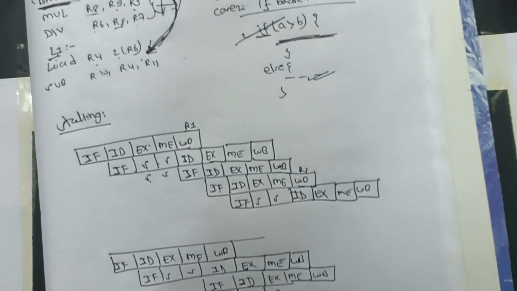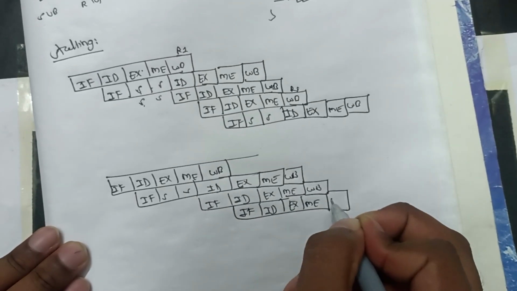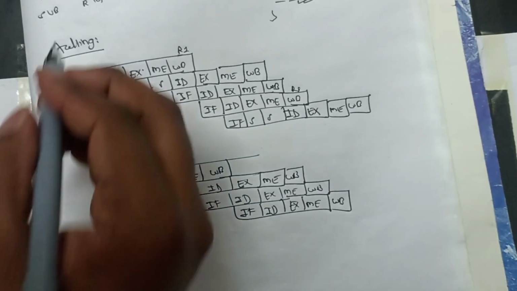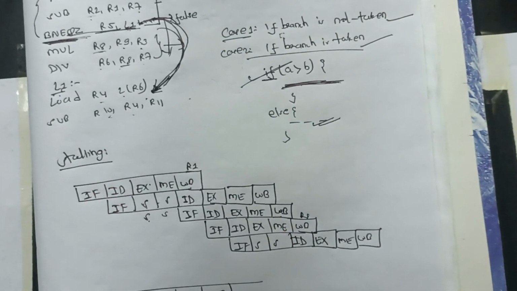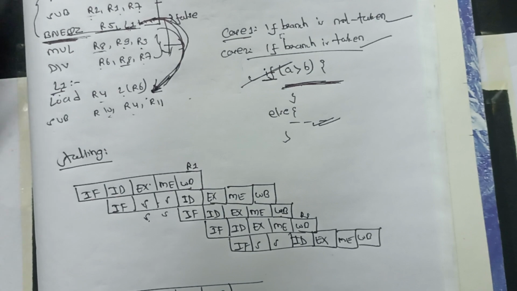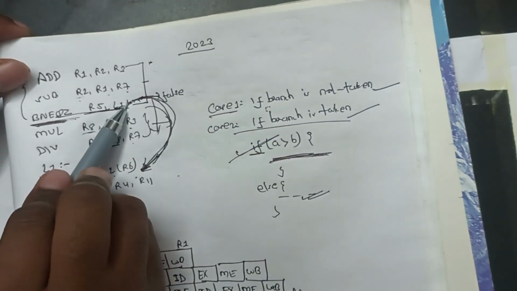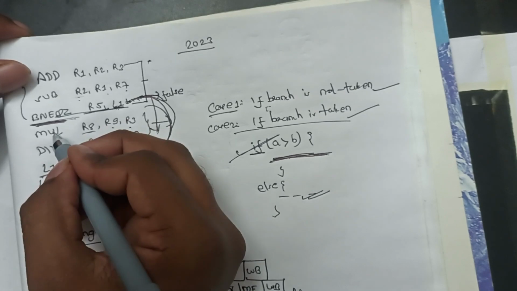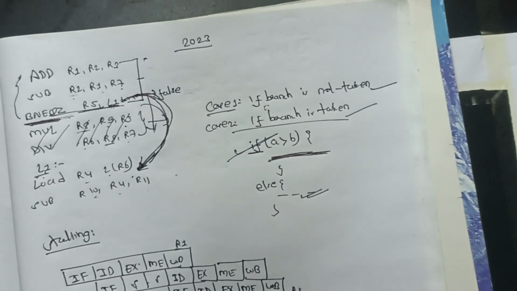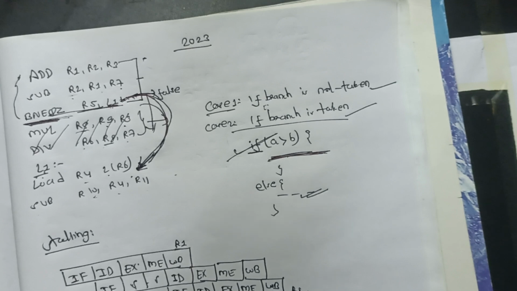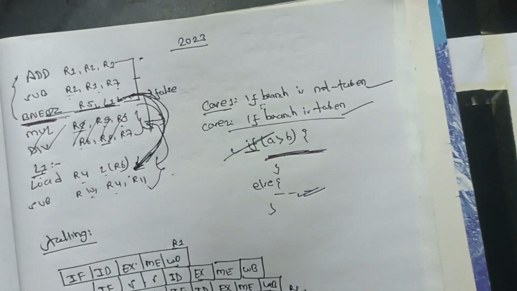IF, ID, EX, ME, WB. Subtract R10, R4, R11: dependency? During the checking of dependency, we know that if the branch is taken, then the skipped statements are not going to execute. So don't check dependency with those two.